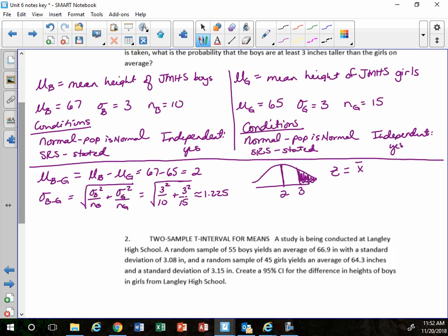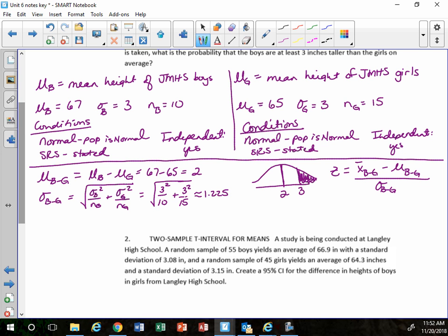So I'm looking at the average here of boys minus girls minus the mu of boy minus girl over sigma of boy minus girl. Okay? This is the piece that I think you guys sometimes aren't sure where it comes from. Because we don't actually have, oh, the sample of boys gave me this X bar and the sample of girls gave me this X bar. That's fine. We have it in here.